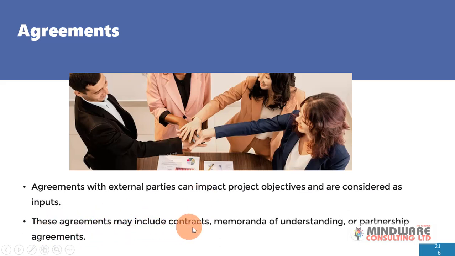These agreements may include contracts, memoranda of understanding, or partnership agreements, if you're having partnerships with individuals or with organizations, whether public or private. These all come in as inputs in developing the project charter, because the people you're having these agreements with, this contract with, this MOU with, are definitely going to be part of the stakeholders in the project.